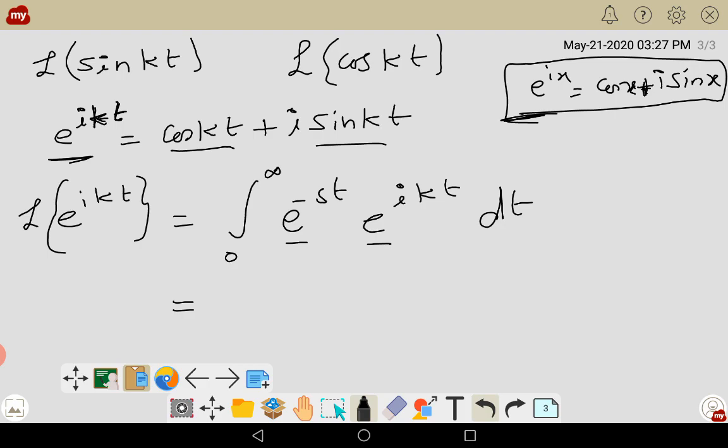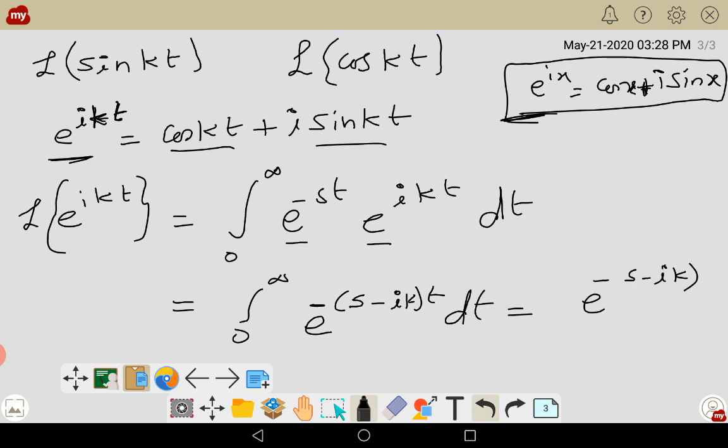So I can write integral 0 to infinity, t is the integration variable, so you can write e raised to minus s minus ik times t dt. When you integrate this one, there will be e raised to minus s minus ik times t divided by minus s minus ik.